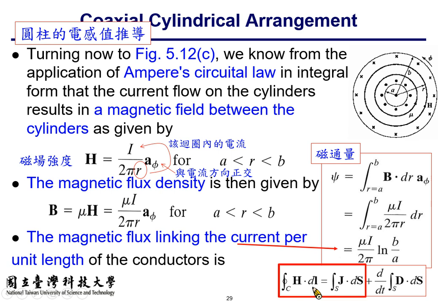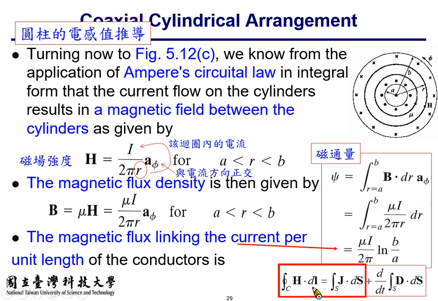It's a function of R, proportional to the inverse of R, valid between A and B. The largest value is I over 2 pi A, and the smallest value is I over 2 pi B.